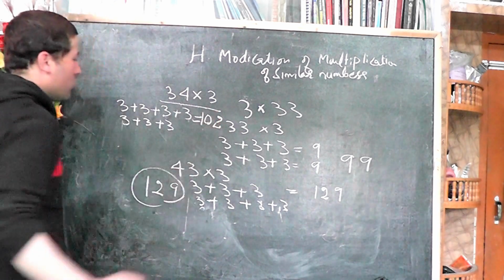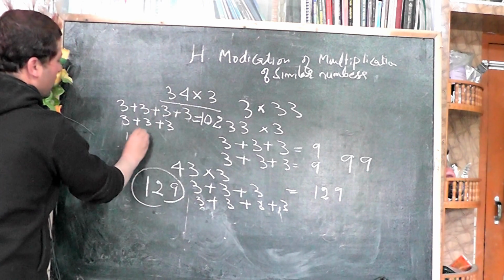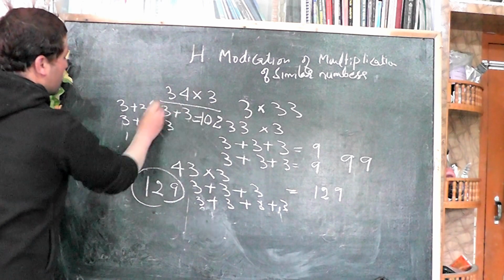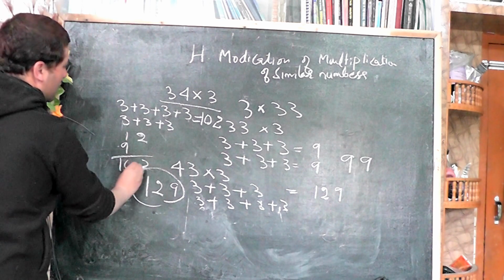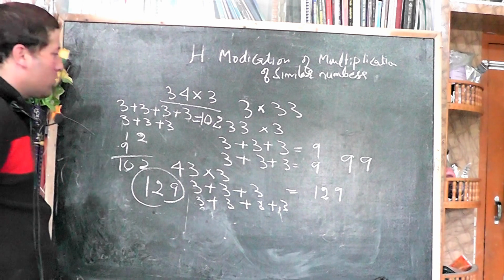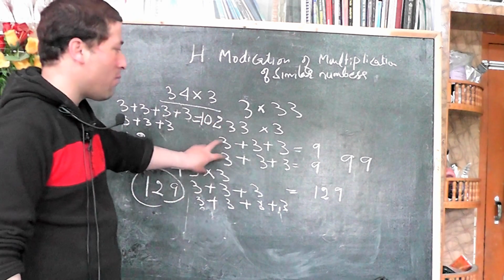This becomes 102. Let's see if it works. 3 into 4 is 12 and 3 into 3 is 9. So it's 2, then 9 plus 1 is 10. It's 102 and it's 102. So everything works in the form of addition.